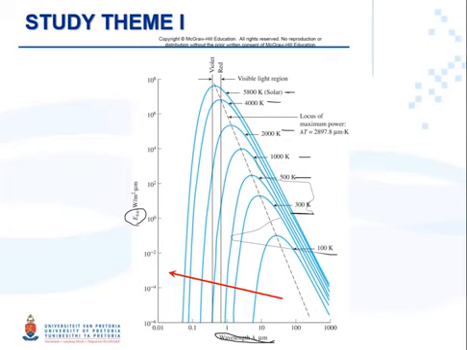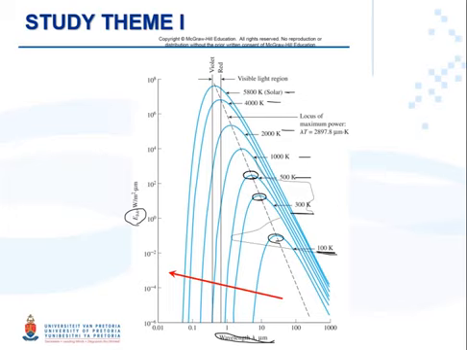What else can we see from this graph? You see that we have temperature constant curves. For example, here for the temperature of 100 Kelvin, we have a temperature constant curve. For any temperature constant curve, we have a maximum.